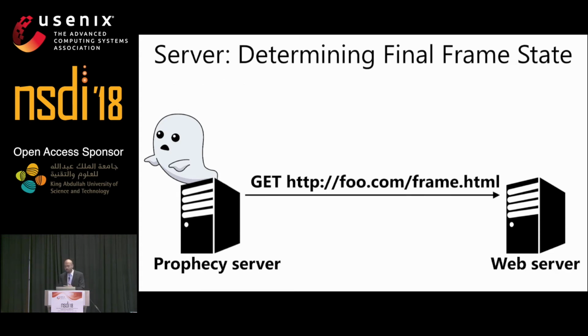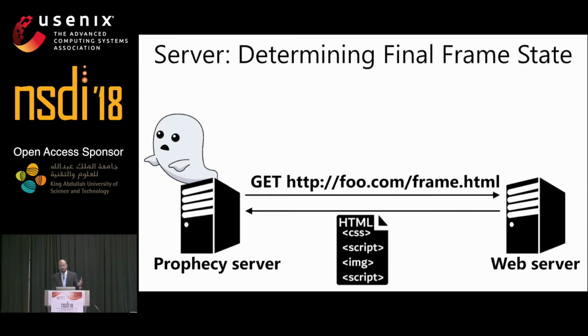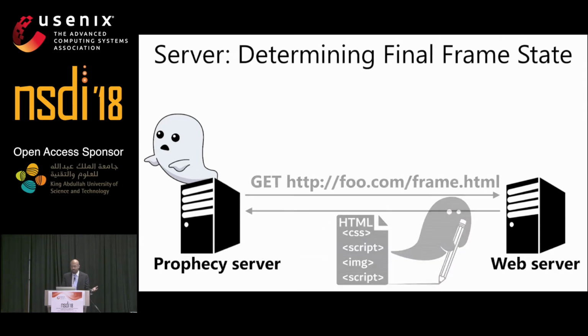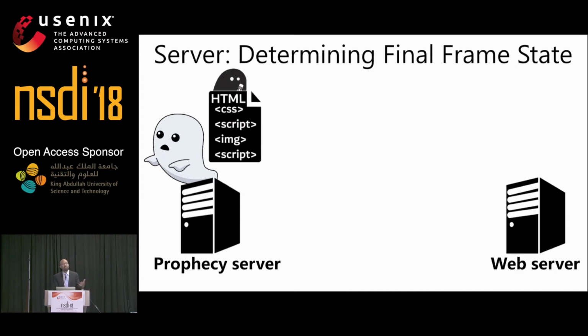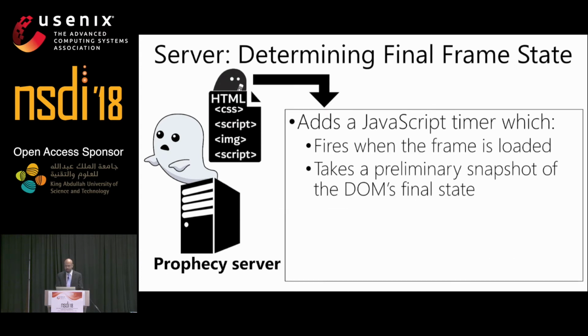So the Prophecy server issues an HTTP request for the frame's HTML. When the Prophecy server receives the response, the server rewrites that HTML. The server then returns that rewritten HTML to the headless browser, as we see on the left side of the slide. Now, the rewritten HTML is going to contain a bit of new JavaScript code, which adds a JavaScript timer to the frame.